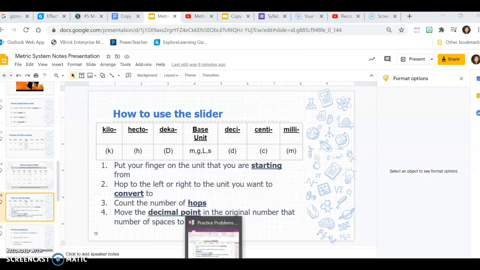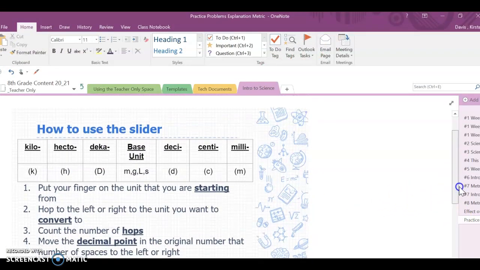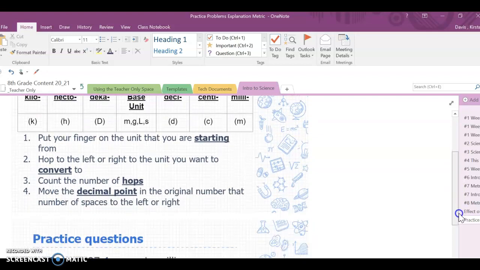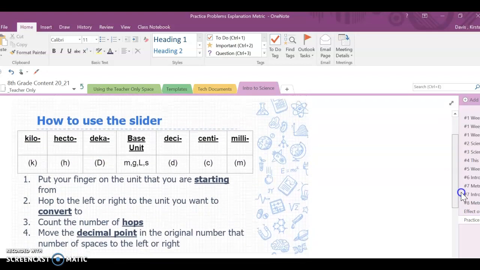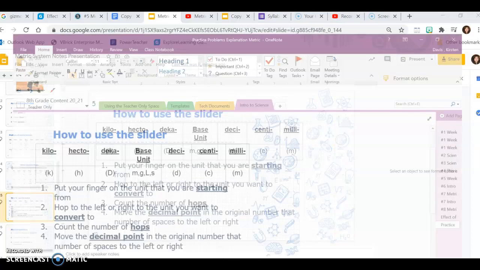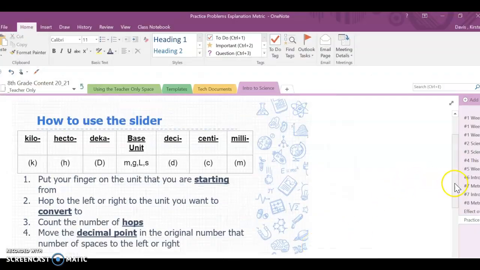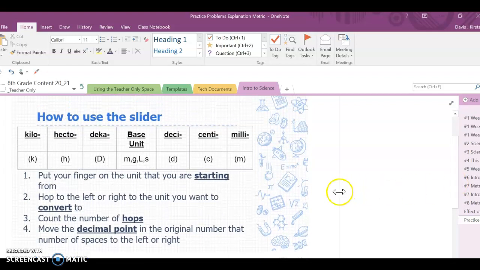And I'm going to go to my OneNote. I'm going to talk about these practice questions and how to answer those. So I believe that would have been the next slide anyway. So take some time to fill out the blanks in your guided notes, and then when you're ready, you can unpause me and we'll talk about the practice problems, which is what I'm going to do right now.